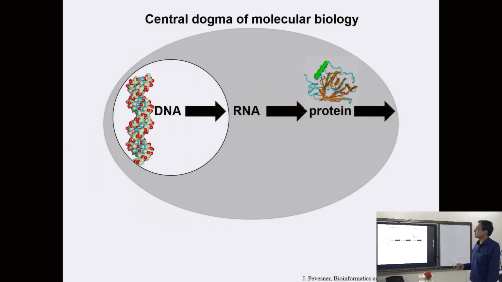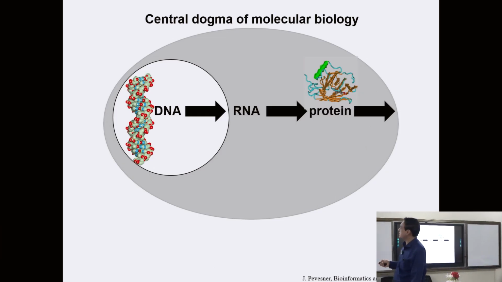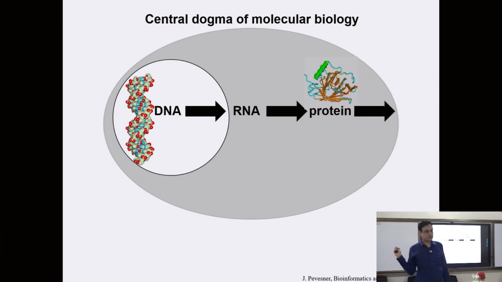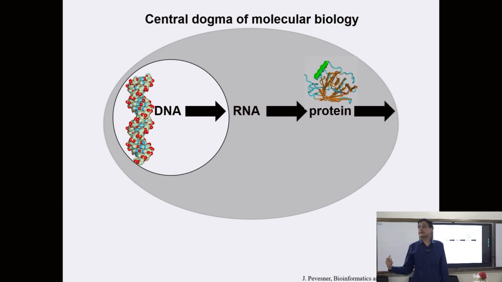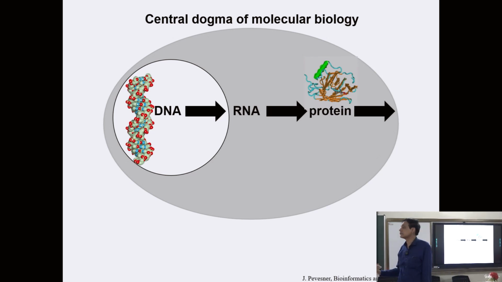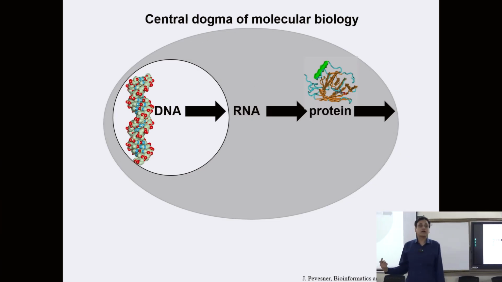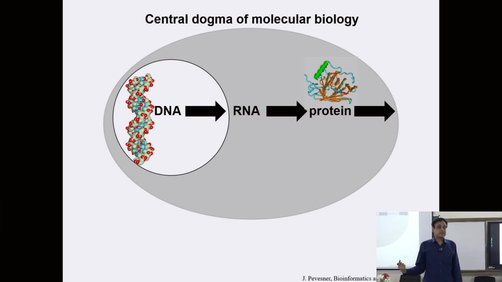And this is the central dogma of molecular biology, that the flow of information is from DNA to RNA to protein. Okay? Not the other way around. So DNA can be used as a template to make a copy of itself or make a copy of RNA. RNA can be used as a template to make a copy of protein, but protein cannot be used as a template to make a copy of itself or to make RNA or DNA. Okay?